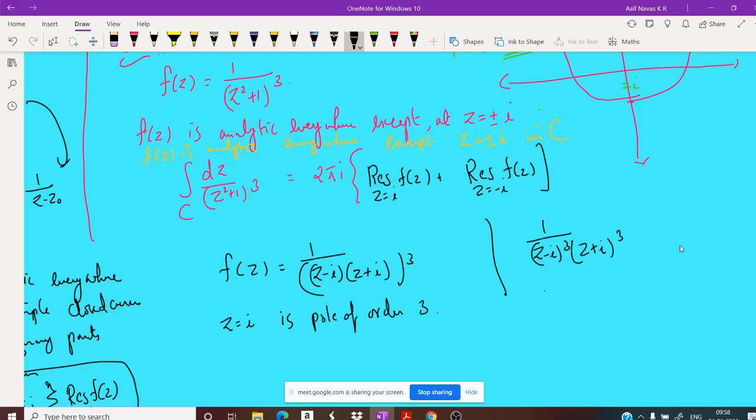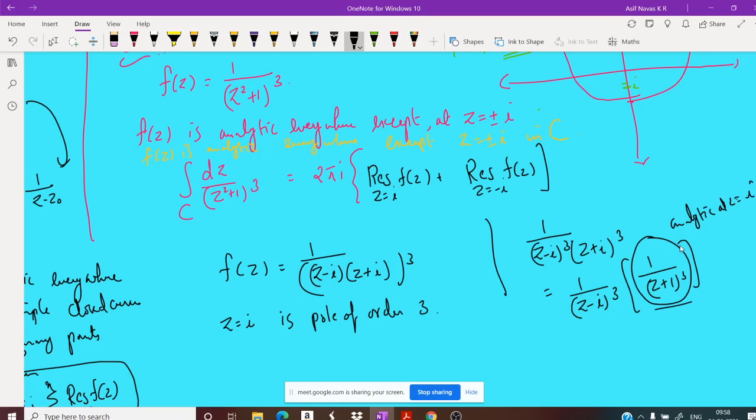So this can be written as 1 by (z minus i) all cube into 1 by (z plus i) all cube. So if you want to write, this is actually analytic at z equal to i, right?